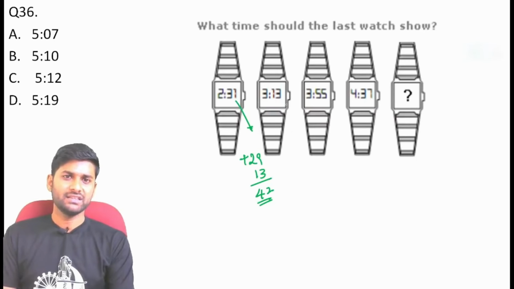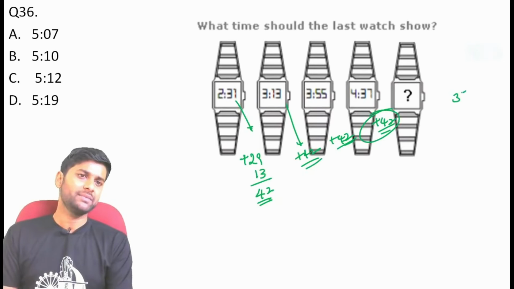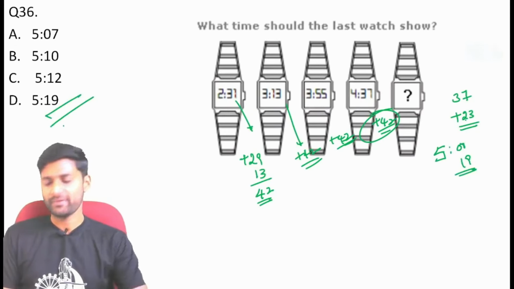See again, here 13 becomes 55. Again we just add 42 minutes every time, guys. 42 minutes added every time means 37, and you just add 23 minutes. Now the time becomes exactly 5 o'clock. Now out of 42 we have completed 23. We are left with 19 minutes. So 5:19 is the perfect answer.